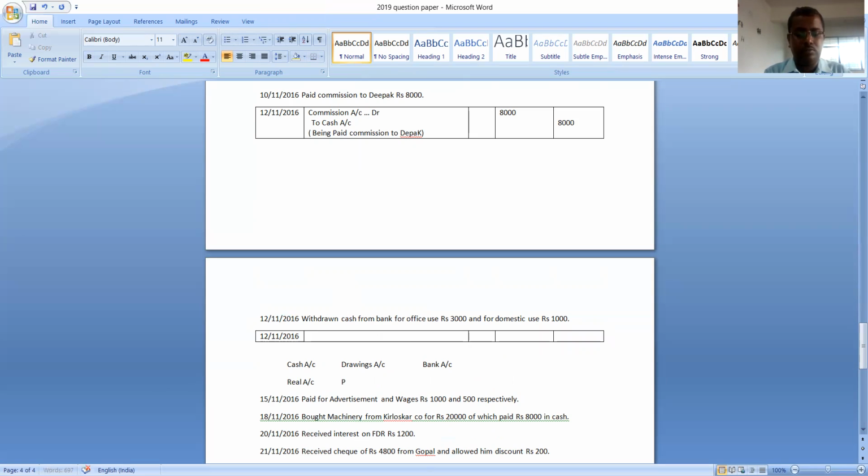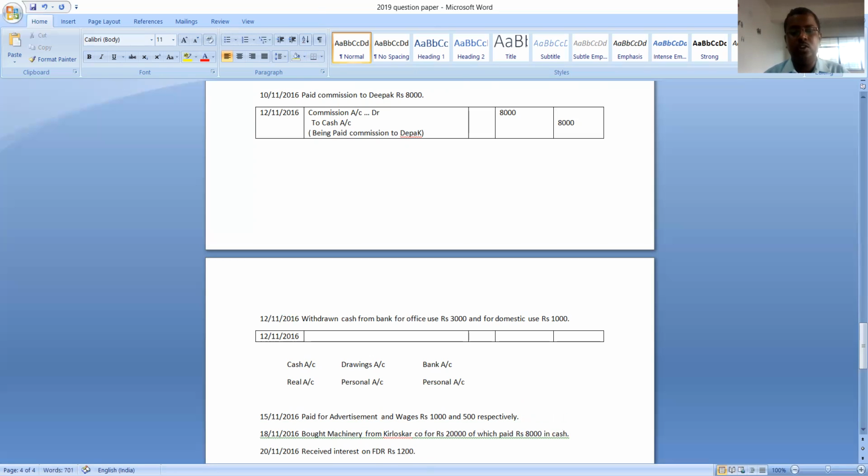Drawings account is which account? It is a personal account. It represents owner. Bank account is which account? It is also personal account. Now what is the rule of real account? Debit what comes in. So withdrawn cash from bank means cash comes into the business, so cash account should be debited. Okay, then a drawings account.